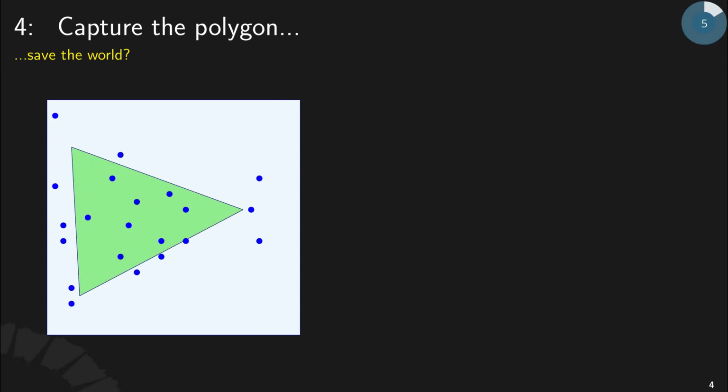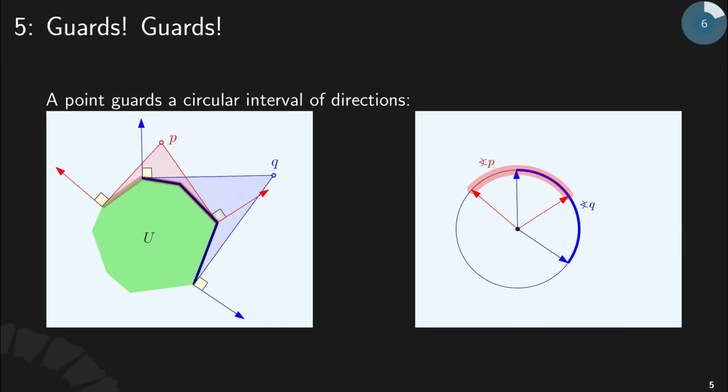So how to attack this capture the polygon problem? The basic idea is that we are going to take this inner polygon, and for every point outside it, we are going to compute the region that it can see of the boundary of the polygon. It's easier to work in the parametric space of directions, so I pick a direction.